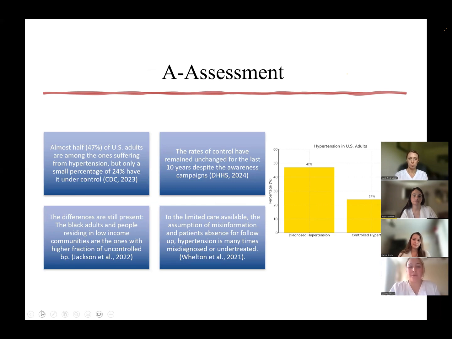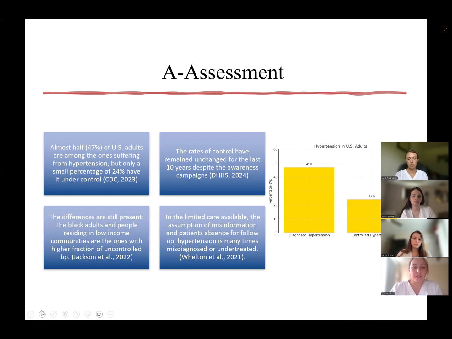Okay, so I'm covering the assessment in this presentation, and you will see some of the information here is repeated from the previous slides, and that's because the nursing process does not have a 1, 2, 3, 4 to it. Something causes the other, or it's the result of something.